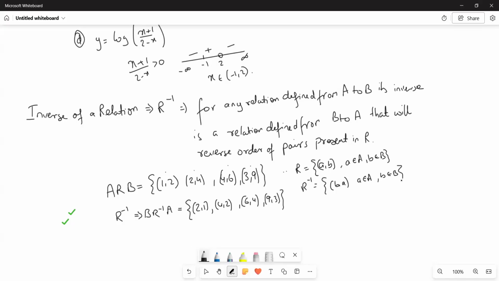And that is how we define the inverse. इसका application क्या है? So a couple of properties that we get for this is domain of R will become the range of R inverse, and the range of R will become the domain of R inverse.